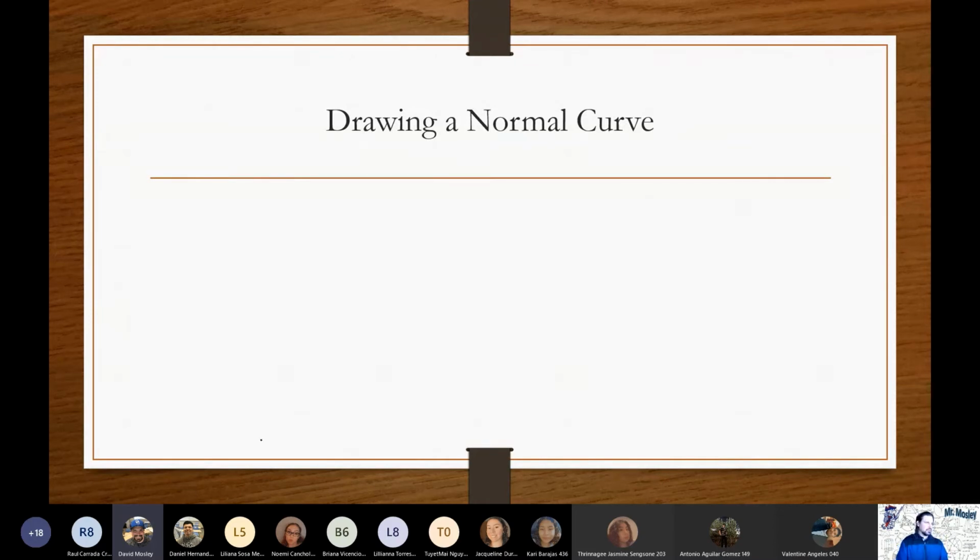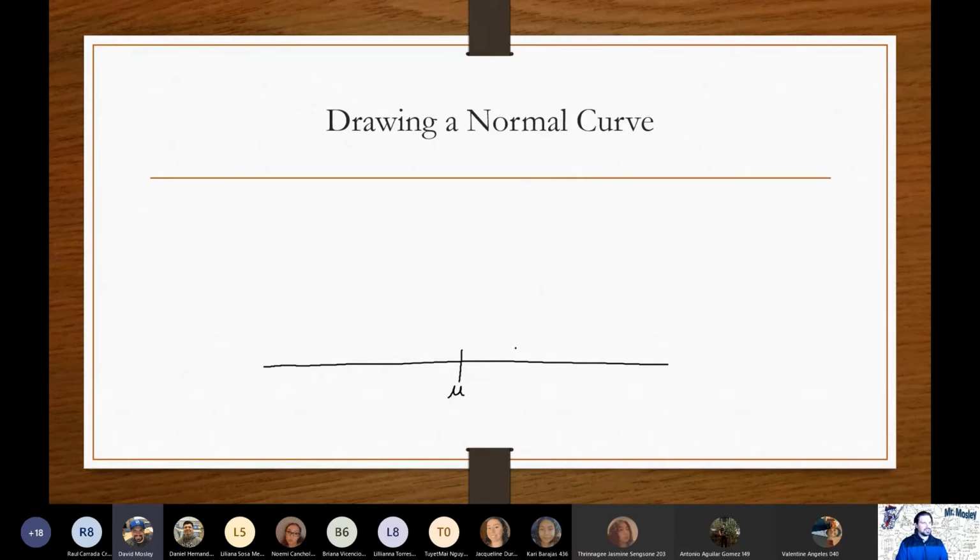So we're going to start by drawing a straight line for the number line. And then in the middle of our line, a tick mark. This will be mu, our mean.